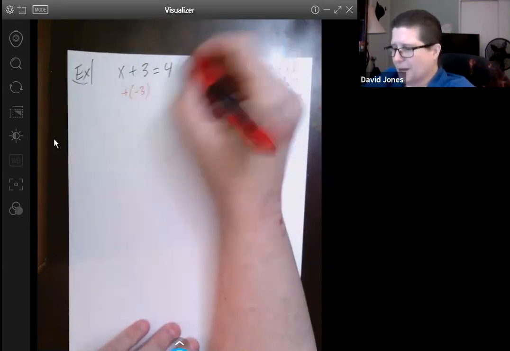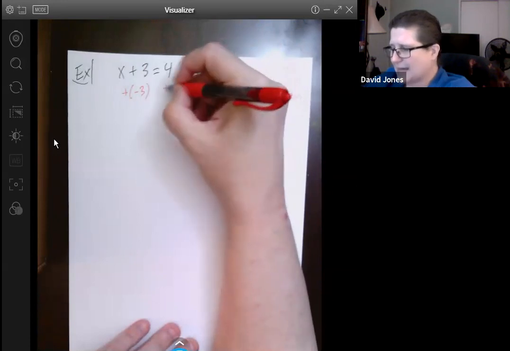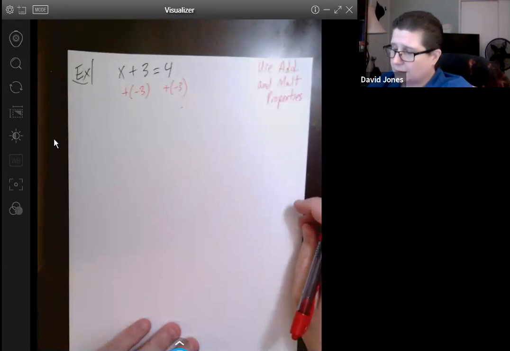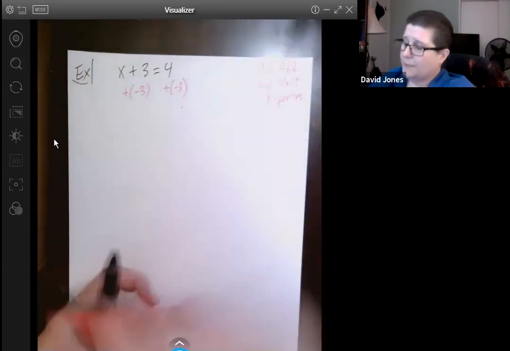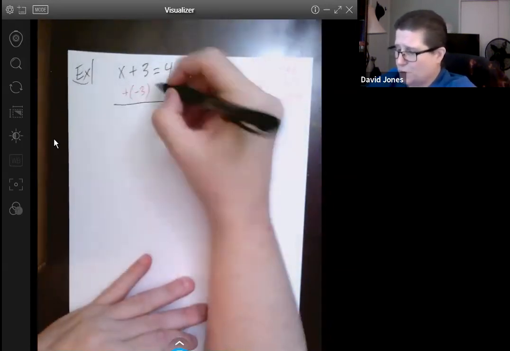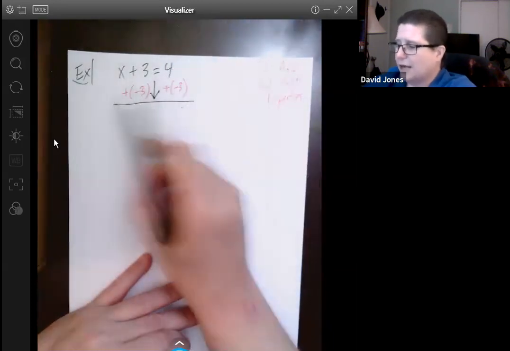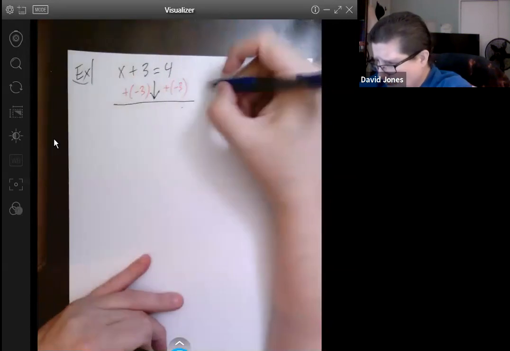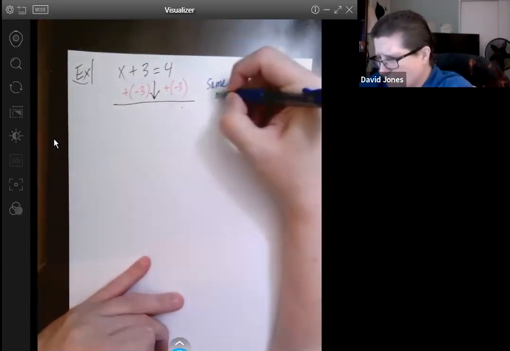And if I add its opposite on the left side, I have to add its opposite on the right side. Same operation on both sides.